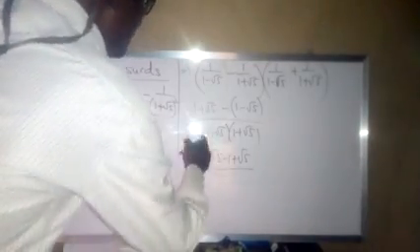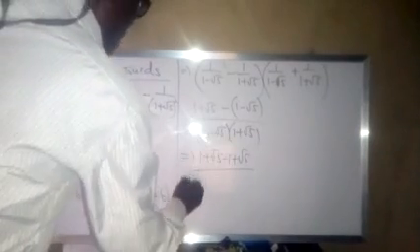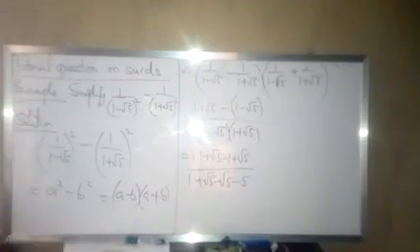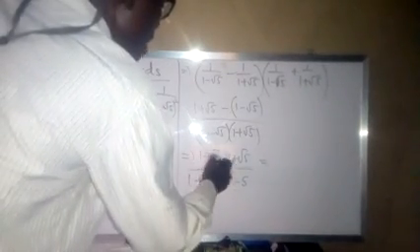Now, without wasting our time, from the knowledge of multiplication of surds so far, 1 times 1 is 1. 1 times plus root 5, that's plus root 5. Then minus root 5 times 1, that's minus root 5. Then minus root 5 times plus root 5, that's minus root 25, and root 25 is 5. So we have 1 minus 1, which we cancel.